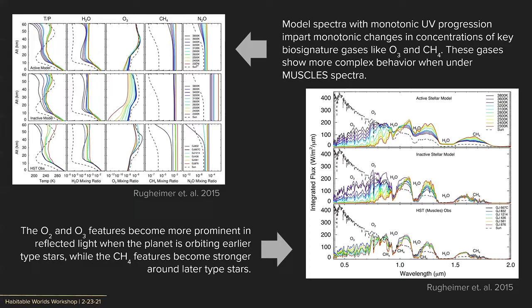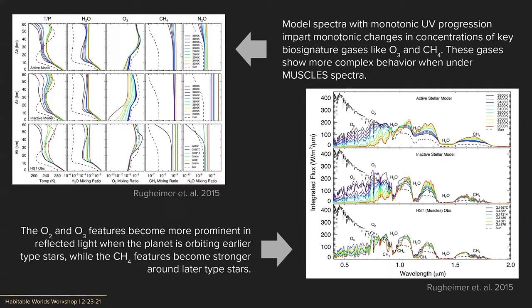And then they use the photochemical model to study how the varying amounts of UV flux from these M-dwarf stars influence photochemistry. They also used spectra from the MUSCLES survey, which are semi-empirical spectra, to compare to their models.